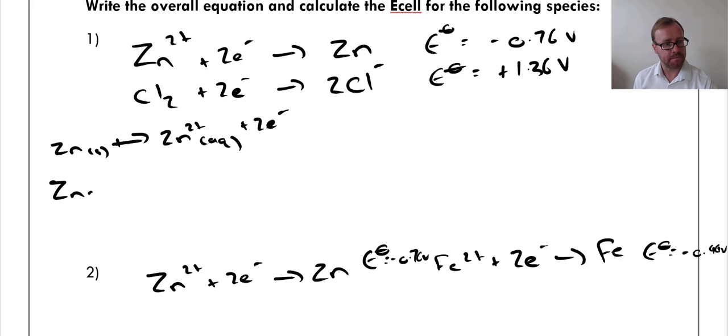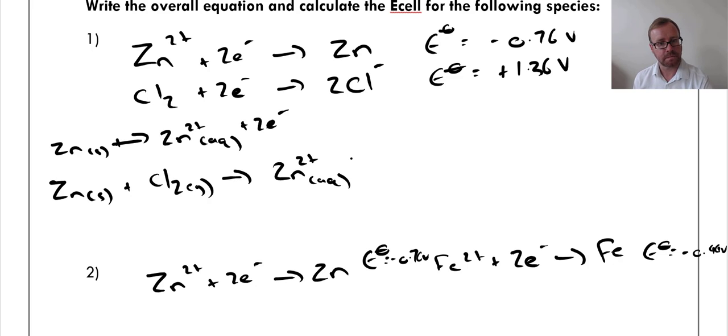So Zn(s) plus Cl2 gas forms Zn2+(aq) plus 2Cl-(aq), and I can work out my E cell.